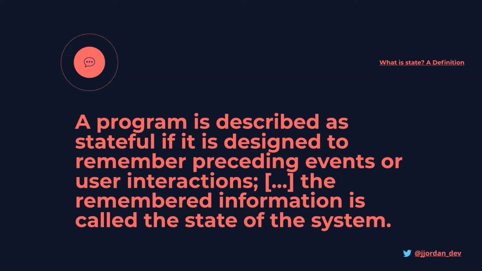And this kind of information that is actually stored to remember these events, this is what we in the end call state. So any kind of parameters, variables, objects, any kind of thing in our program that can actually store values and change depending on user events or any kinds of interactions, this is what we, in the sum of it all, actually describe as state.